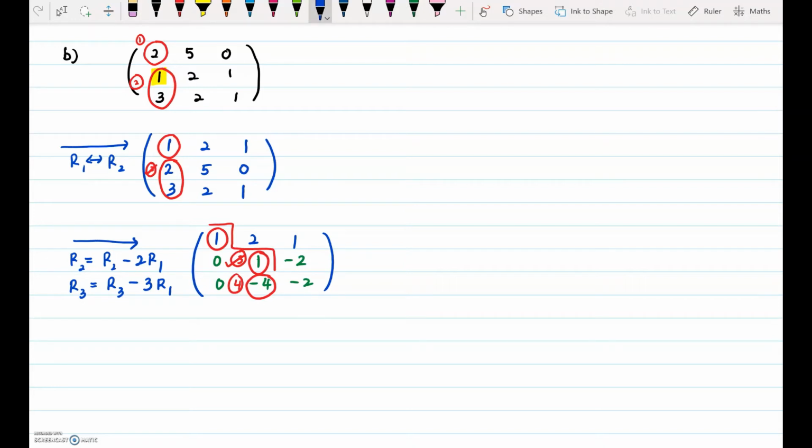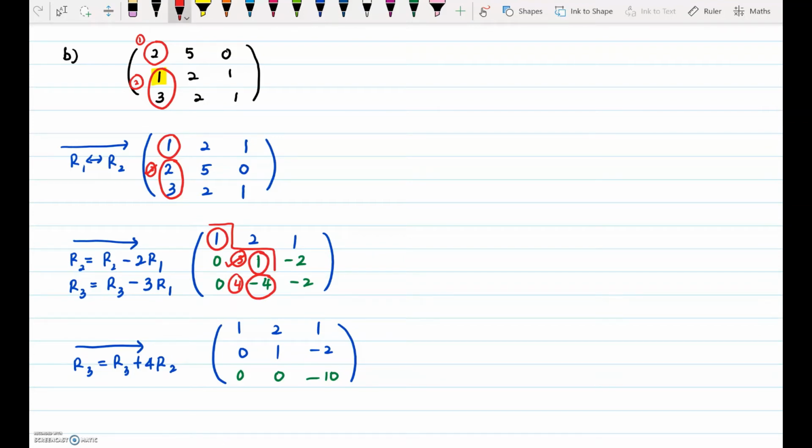So row 3 will be row 3 plus 4 times row 2, because your leading one is in the second row. Now your third row will be 0: negative 4 plus 4 is 0, negative 2 plus negative 8 will be negative 10. The rest will be 1, 2, 1 and 0, 1, negative 2.